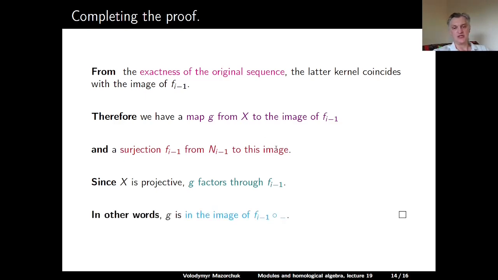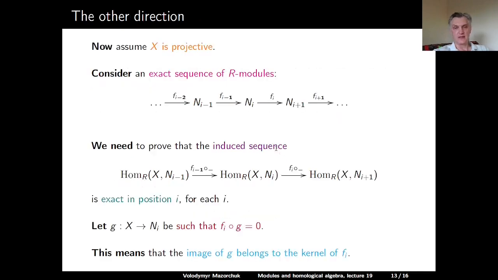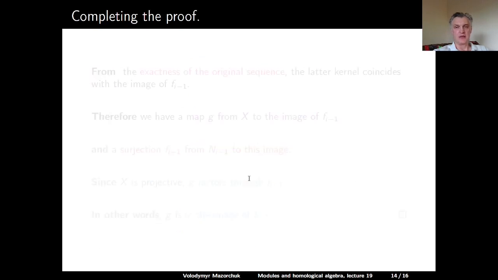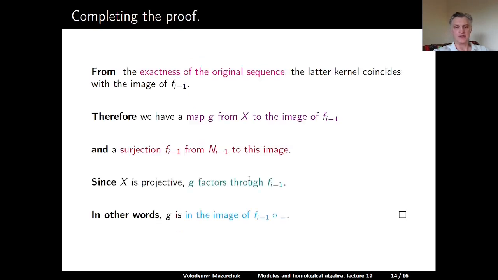In other words, g is in the image of postcomposition with f sub i-1. And this is exactly the exactness of our induced complex at this position. So we are done and the proof is complete.